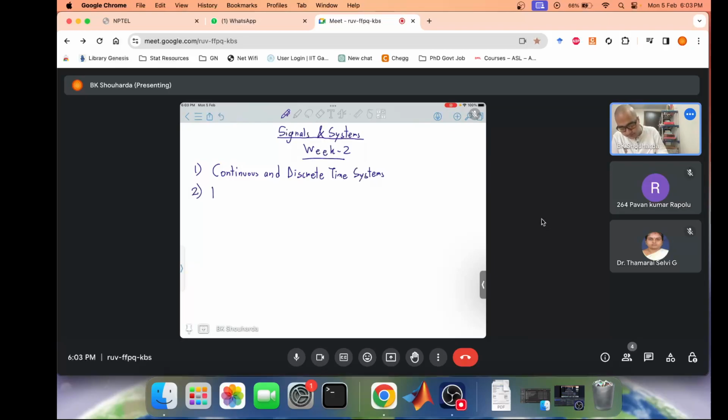Next, even, odd, and periodic signals. Third, orthogonality of signals.